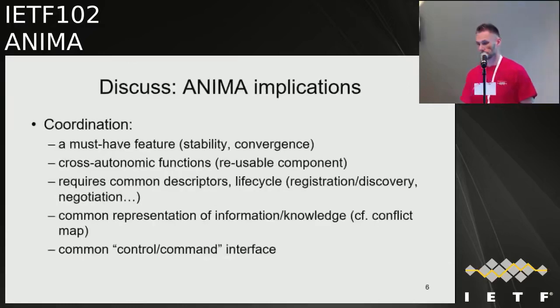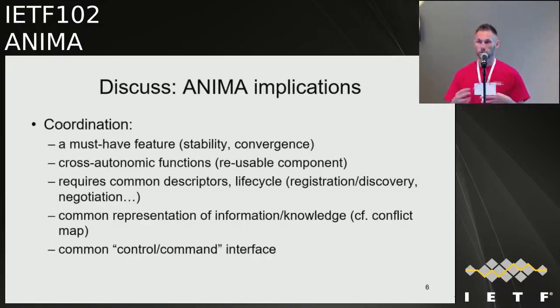Next slide, please. So what we want to discuss here in ANIMA is the implication of this coordination concept and the services that could be proposed. We think it's important from an operational point of view to propose this and to manage this coordination in order to ensure the stability and the convergence of the network operation. It's a problem that is not at the scale of one autonomic function, it's cross-autonomic function, so it should be a reusable component. We also require a set of common descriptors.